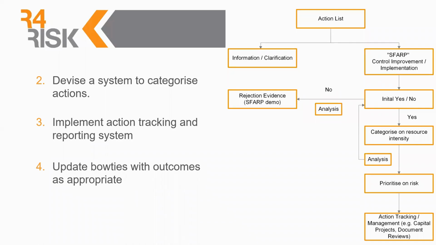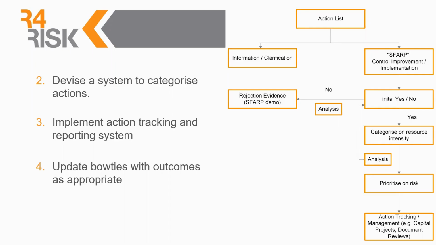And then finally, prioritize these actions based on risk. So we definitely want to be targeting our high risk bow tie scenarios versus our lower risk, or the causes that have no controls versus the causes that are well controlled. And finally, of course, add that to your action tracking and management programs. And again, these could be different depending on the resource intensity.